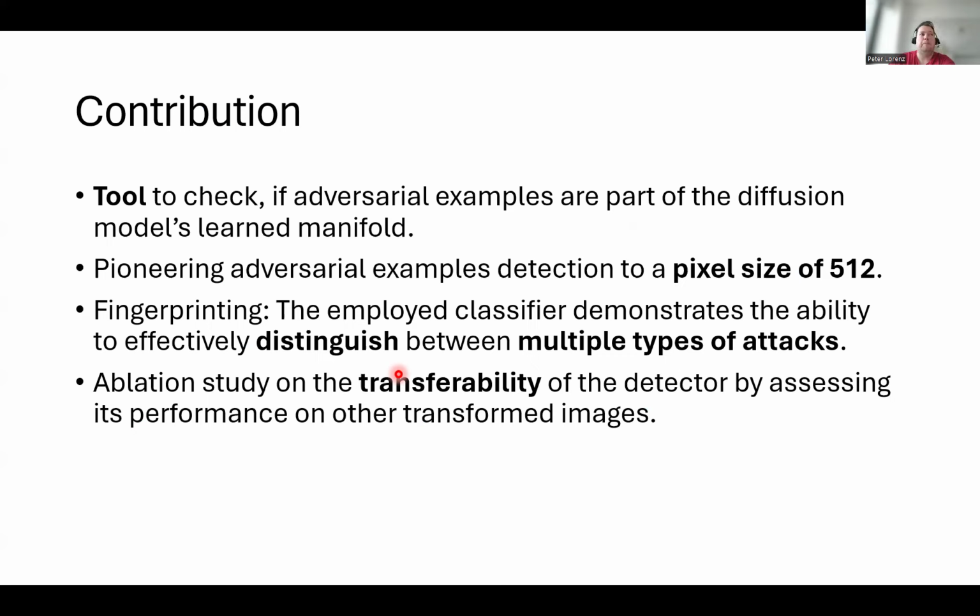Lastly, we show an ablation study on the transferability of the detector by assessing its performance. This is very important because the strength of adversarial examples is that they can be generated on datasets or models, and then they transfer very well to unknown datasets and models. And we want to know if we can stop them.